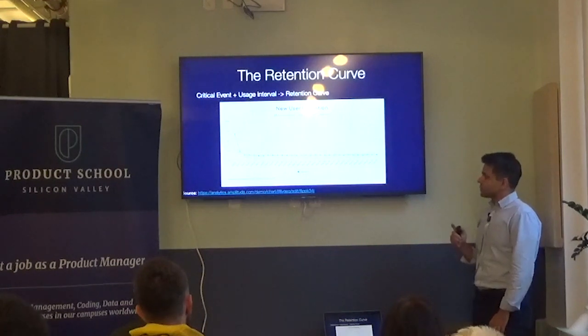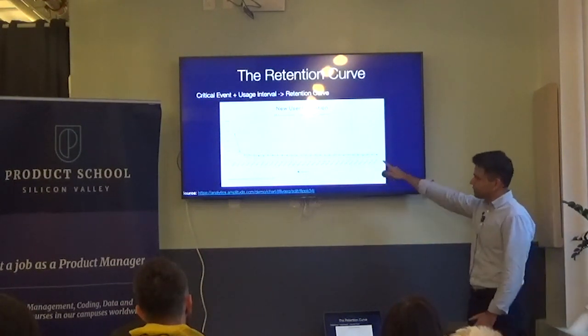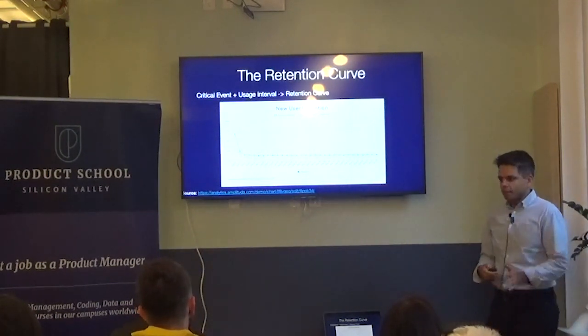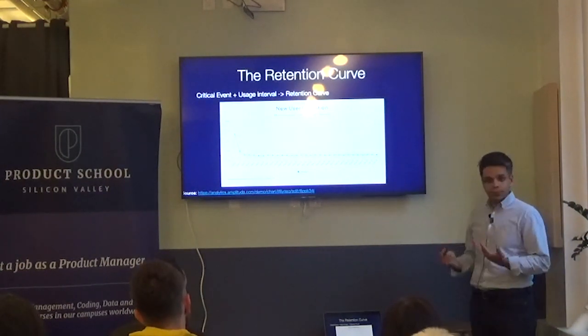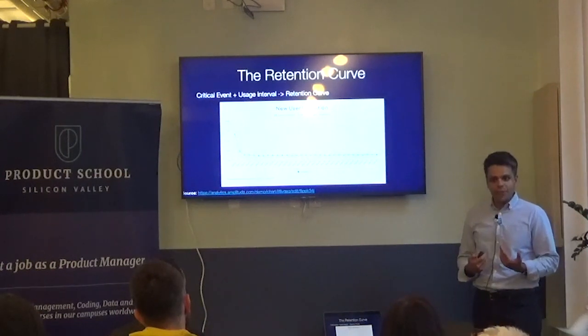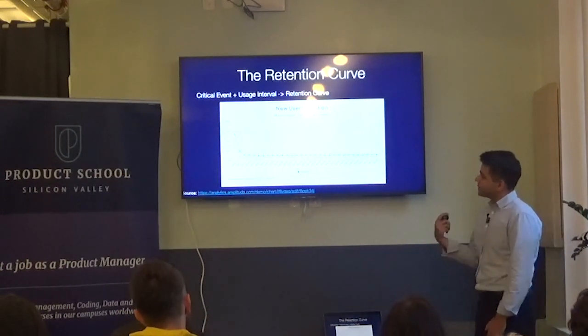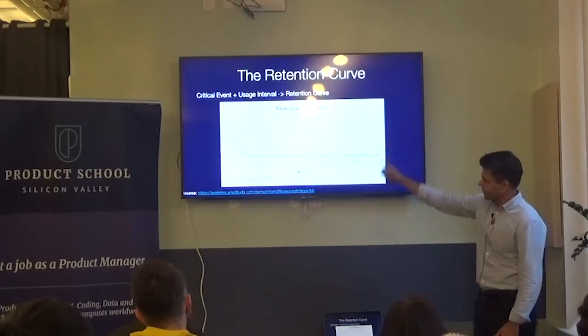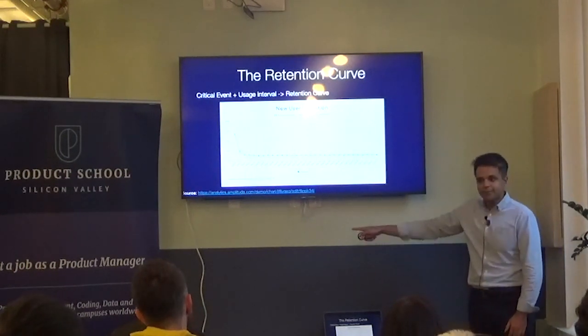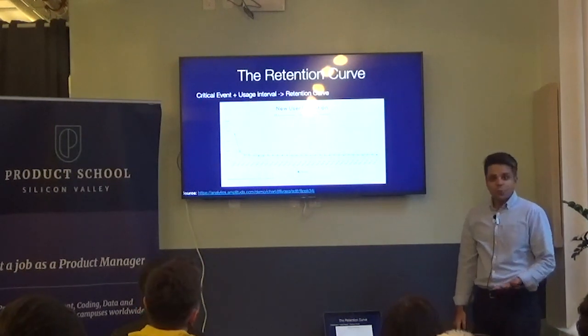So what's interesting about this chart, you'll notice the shape. It flattens out. So that means that people are coming back consistently to use that product. So as a product manager, this is really good. You'll be very happy that you have a shape like this. If we saw something that started at that 75% level and was a diagonal straight down, crashing to zero, that tells you nobody's really coming back.